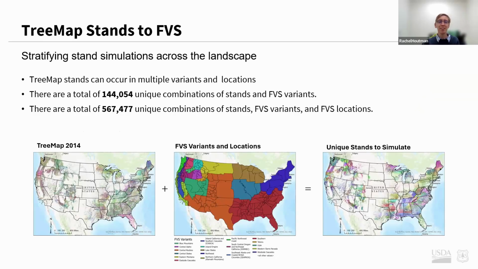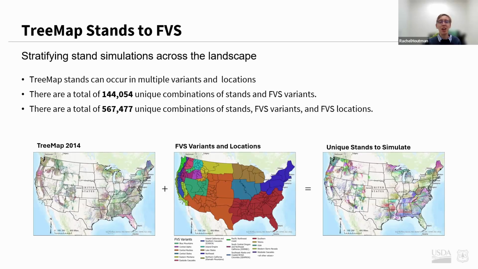All right, so let's talk about how we go from TreeMap stands to FVS, and then we'll talk about how we can map it back as well. So TreeMap, this is the map that Karin had up in her presentation, or a similar map, where each plot has a pixel, each pixel has a plot mapped to it.